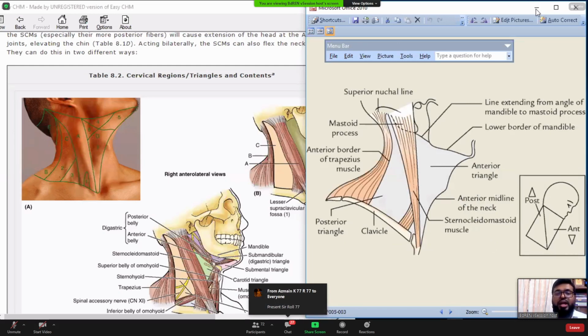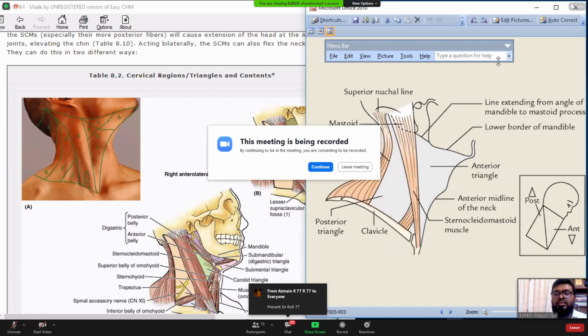Three and a half triangles means three triangles are complete and one is incomplete, and it is completed when both sides meet. That makes the one complete. That's why it is called three and a half triangles, right? So let us go one by one. The anterior triangle is divided into three and a half triangles and the posterior triangle into one single triangle.